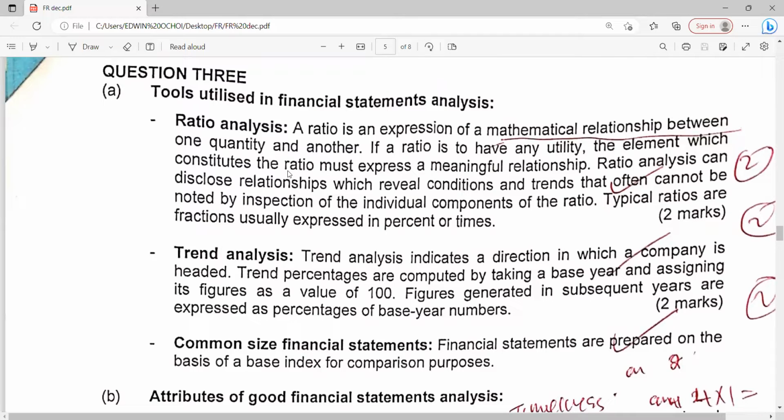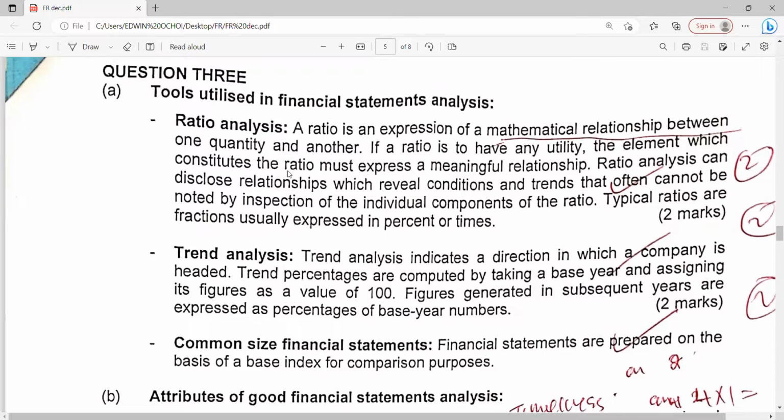Trend analysis. So how does trend analysis work? Trend analysis indicates a direction in which a company is headed. So trend percentages are computed. So this is like a horizontal common size. So yesterday we did this.